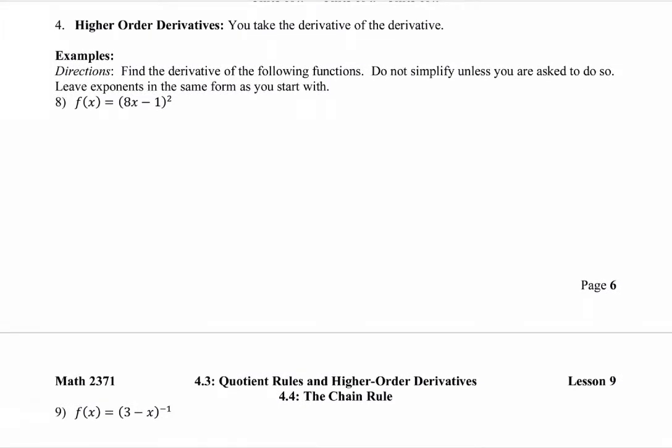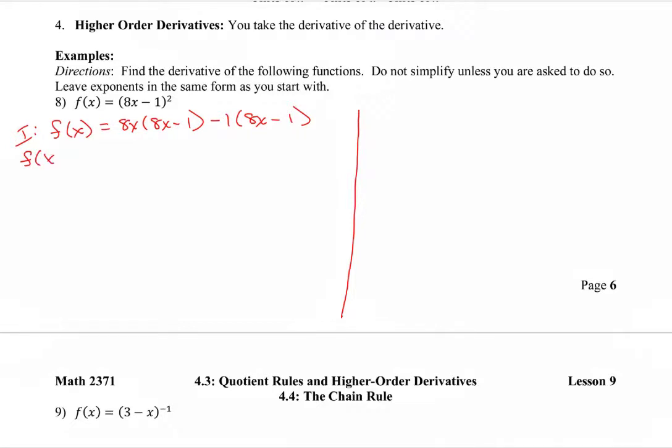So now let's get to how to do this. Now I'm going to do this example in two ways. The first way is to not use chain rule. So this says f of x equals 8x minus 1 times 8x minus 1. So I'm multiplying it out.